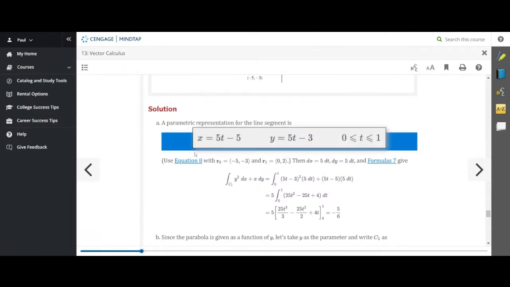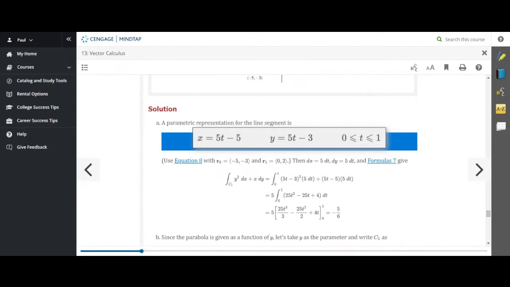Sometimes the blue's just there. What can you do? It's okay. There's the parameterization. There are many different parameterizations of a line segment.